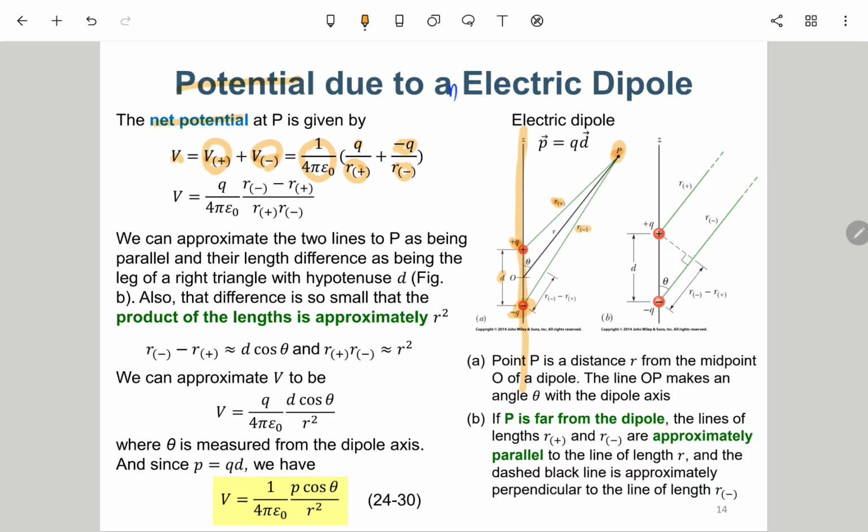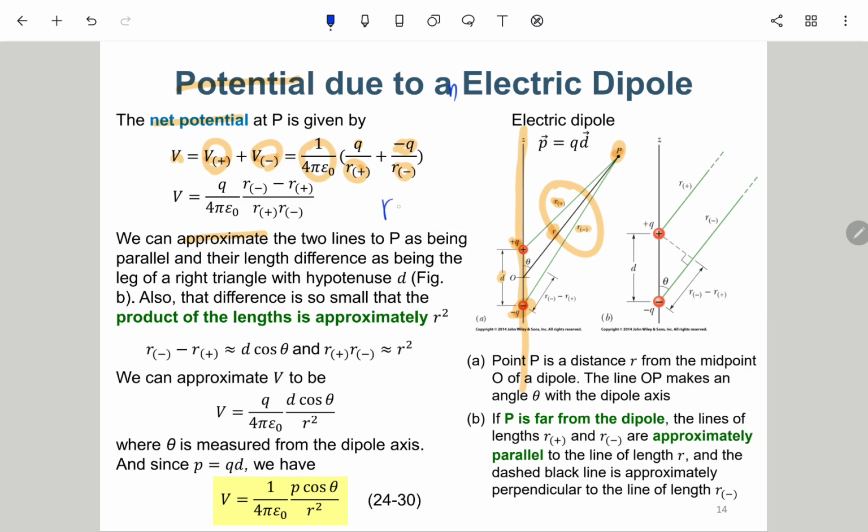Now we try to make some approximation. We assume that this point P is far away. How far is that?